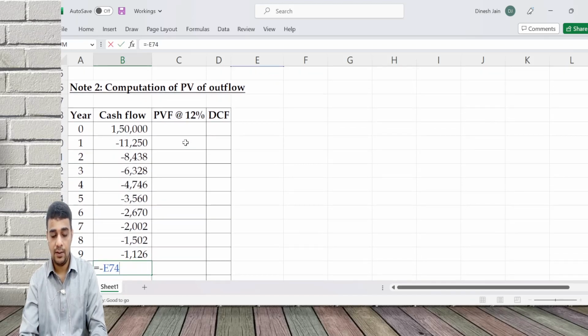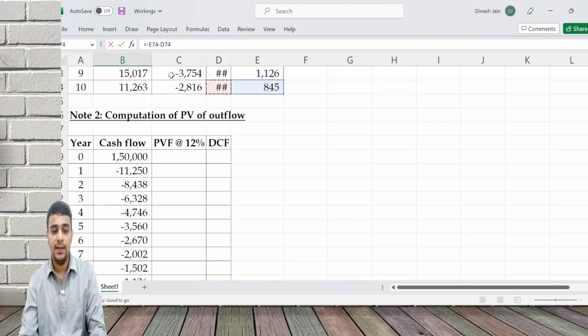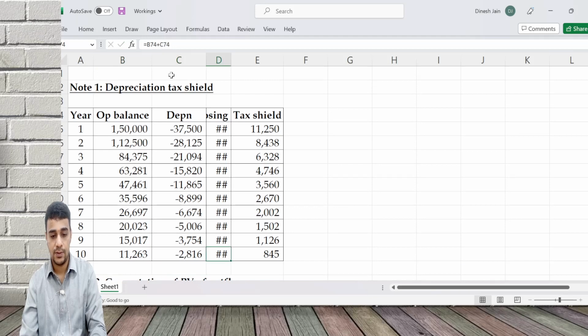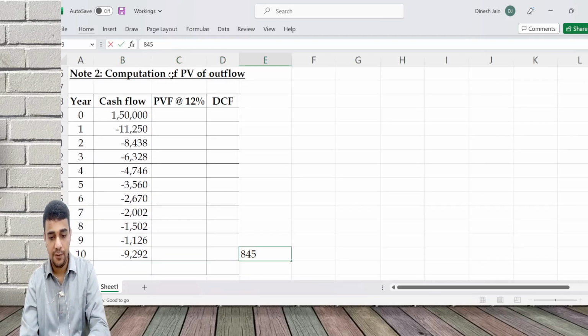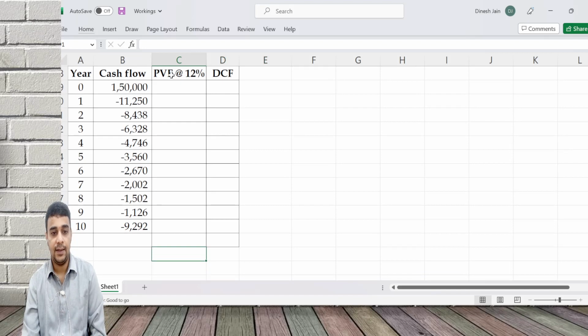Last year, this and the scrap value. What is scrap value? 8447. Last year is 845 and 8447. Both are inflow. We write it as negative: 845 plus 8447.